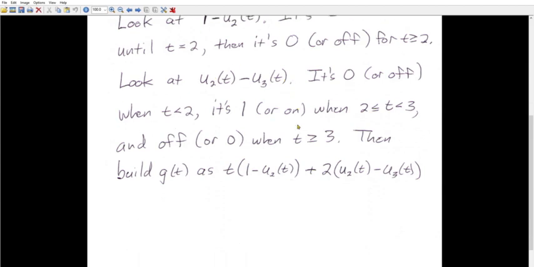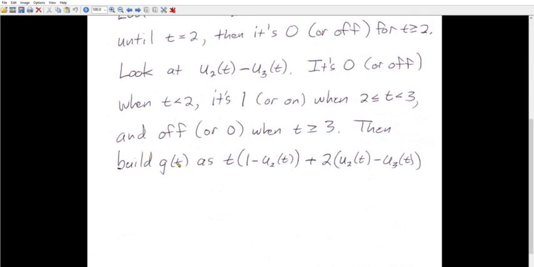Okay, so let's look at what happens here. We build g of t as t times 1 minus u2 of t, which is going to give us a t as long as t is less than 2, but then this is 0. At this point, u2 of t minus u3 of t turns on because t crosses 2.